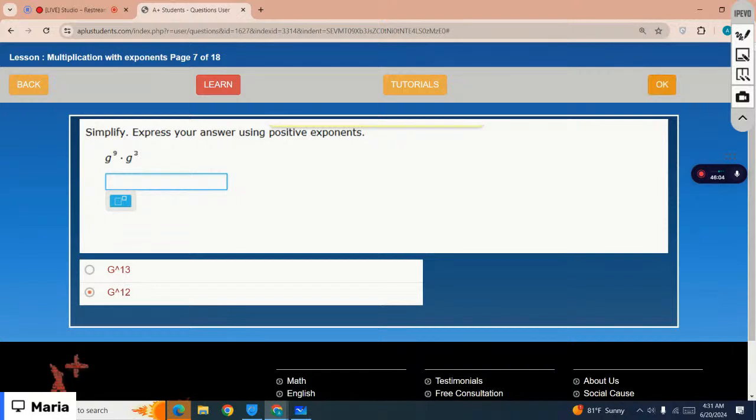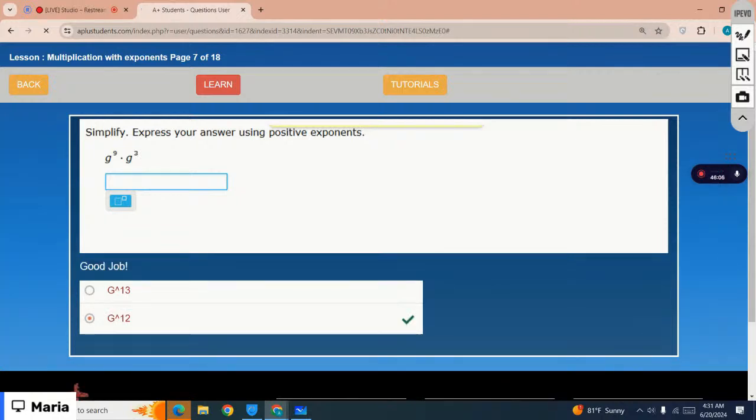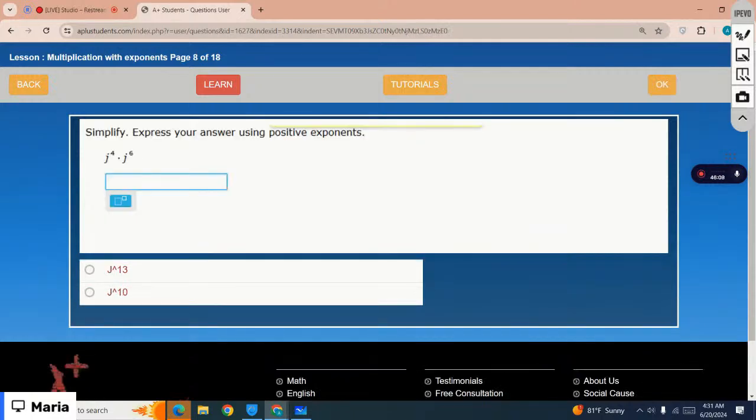Option number 2 is the correct option. J exponent 4 times J exponent 6.